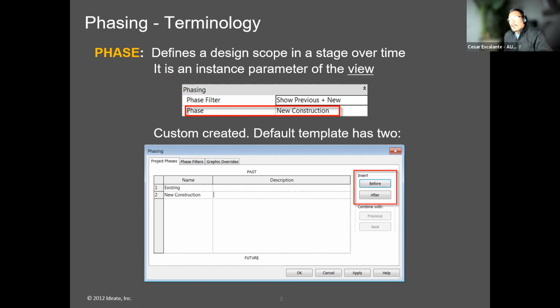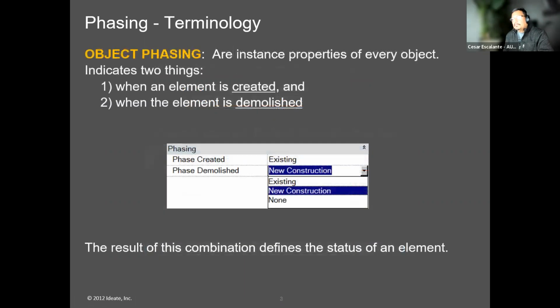For tenant improvement projects, for example, you display a construction plan in the new construction phase because you want to show what's new. Next to the phase, there's another one called a phase filter. Let's see what all these concepts are. This is a different thing.